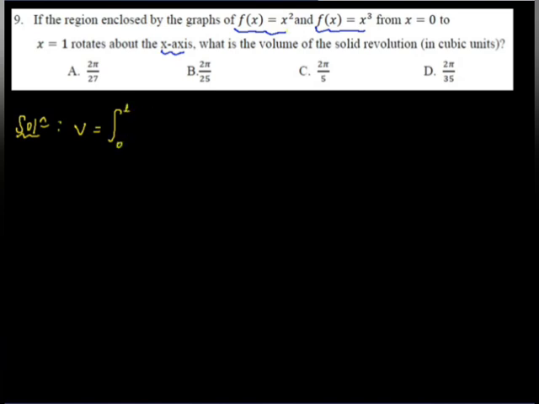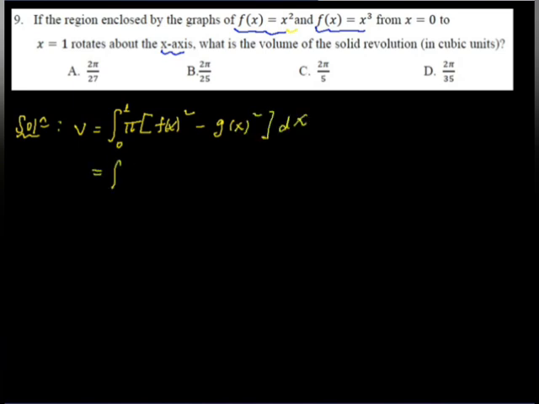Obviously these 2 functions, x squared and x cubed, are continuous. So the formula is pi times the integral of f of x squared minus g of x squared dx.